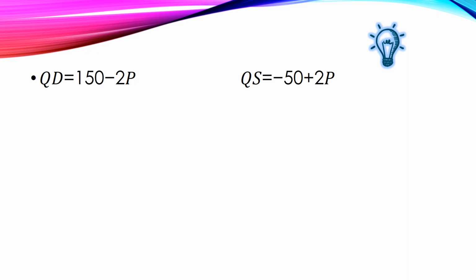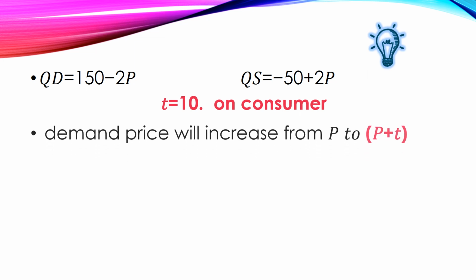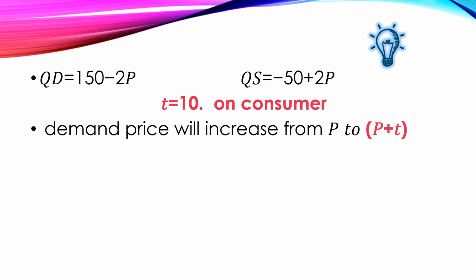Suppose the government imposes a quantity tax per unit of the good on consumers of 10. Tax equals 10. So the demand price will increase from P to P plus T, and the demand function will be QD equal 150 minus 2 multiplied by P plus 10.